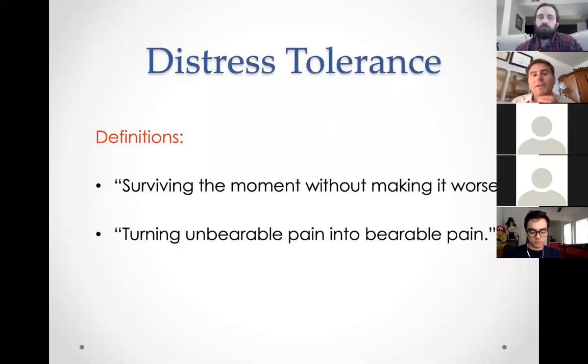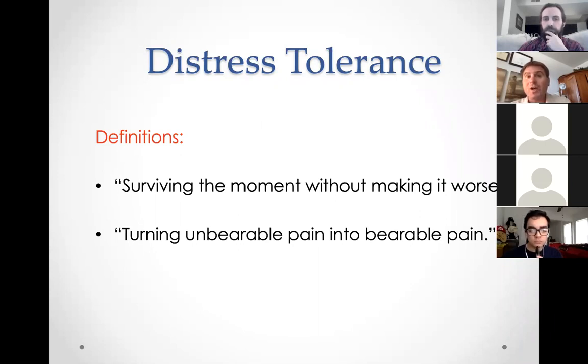Okay, so another skill set is distress tolerance. I really like these two kind of lay definitions. Distress tolerance is all about helping clients survive the moment without making it worse. So in other words, distress tolerance in and of itself is not about helping clients fix things or make things better.